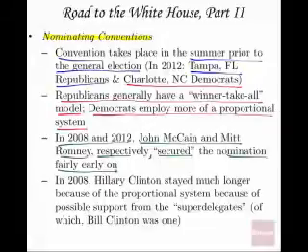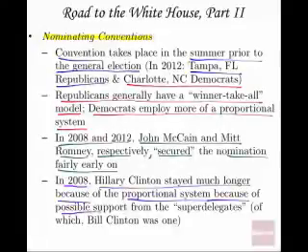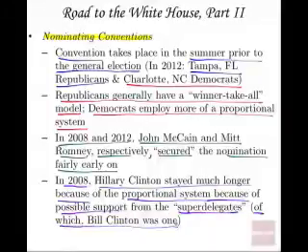Whereas Democrats tend to embrace more of the newer candidate, and that's exactly what Obama represented. In 2008, Hillary Clinton stayed much longer, again because of the proportional system, and because of possible support from the superdelegates, of which Bill Clinton was one. One of the things that the Democrats have a lot more of than the Republicans is these pledged superdelegates. It's an unofficial term, but these delegates can basically put a vote in for a candidate, and usually they're prominent members of the party.